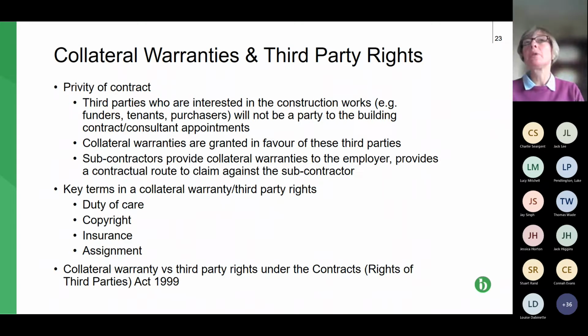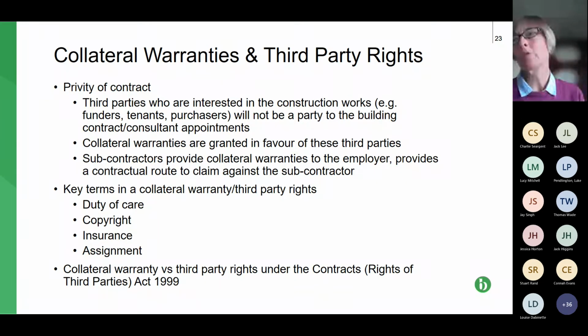So, for example, future purchasers and funders of projects will have an interest in the works, and so they will want to have the opportunity to make claims in certain situations.